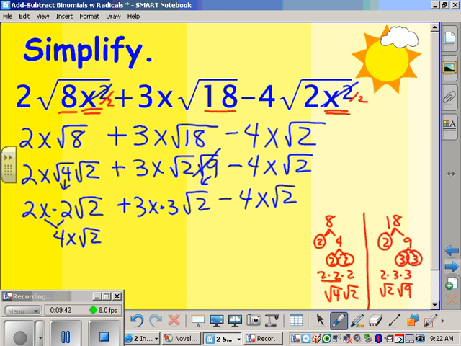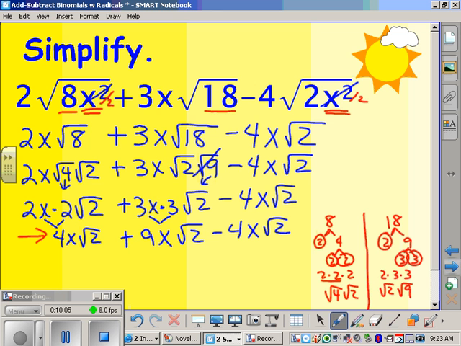Then we must finish the middle term. We will multiply the numbers outside the radical to get 9x radical 2, and then we can drop down the minus 4x radical 2. Now, if you look at this last row, we have 4x radical 2, plus 9x radical 2 minus 4x radical 2.